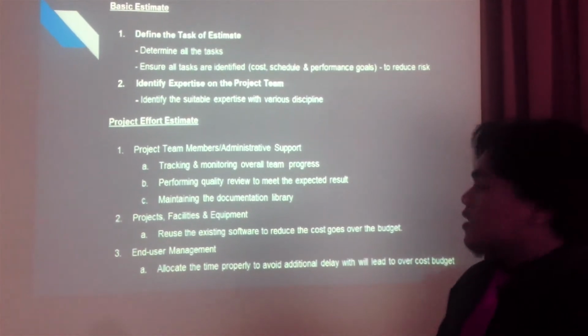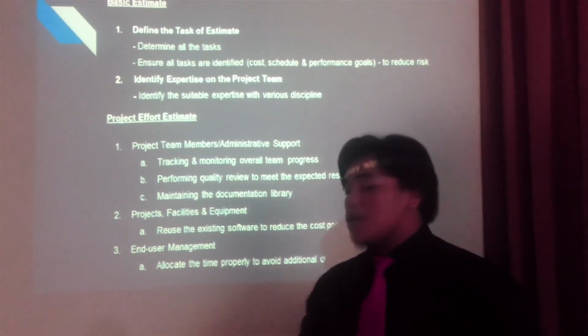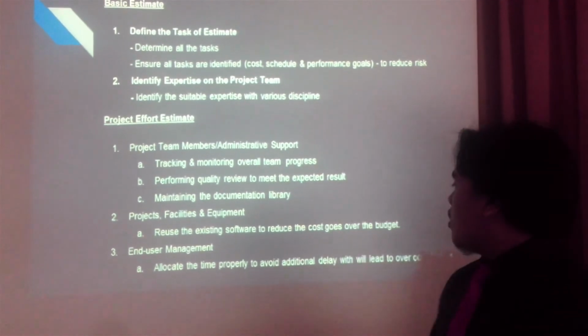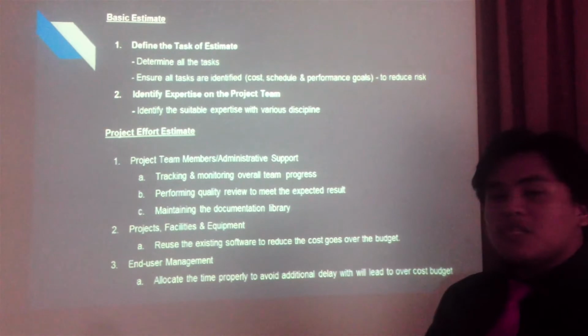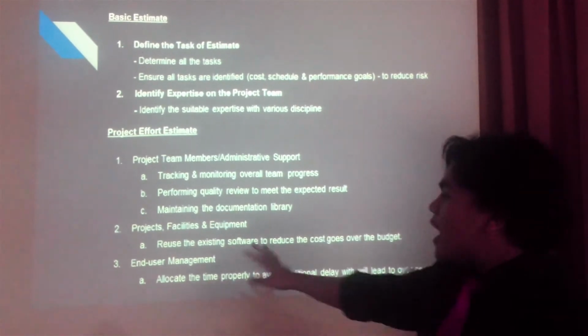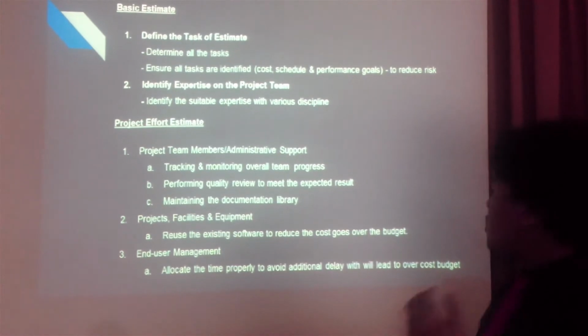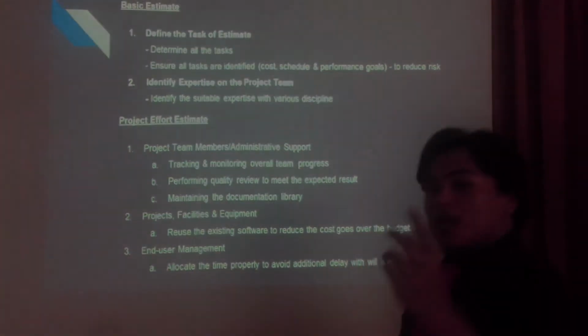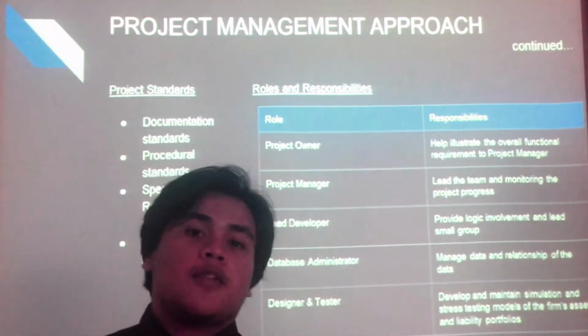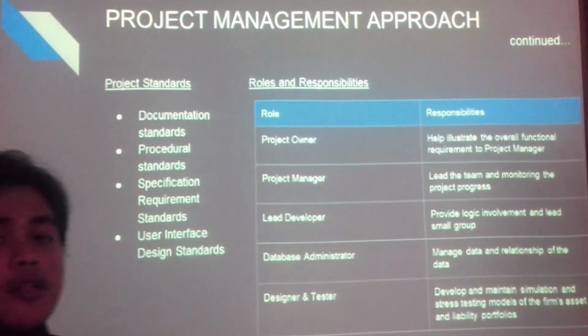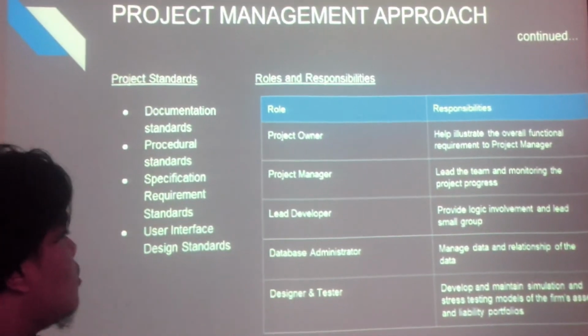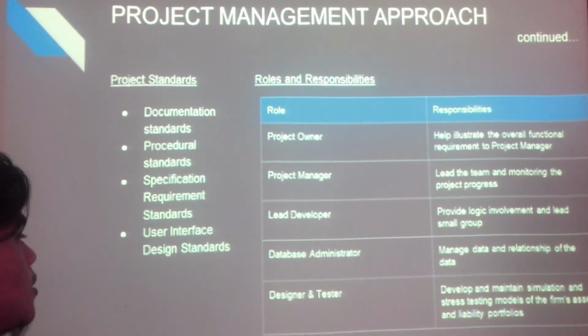For the project facilities and equipment, we reuse the existing software to reduce the cost, which is to avoid going over the budget. For the end user management, we allocate the time properly to avoid additional delay, which will lead to going over the cost budget. There are 4 standards in this project, which are documentation standards, procedural standards, specification requirement standards, and user interface design standards.